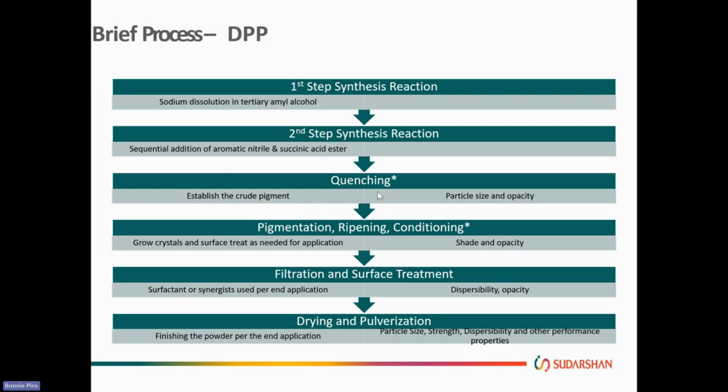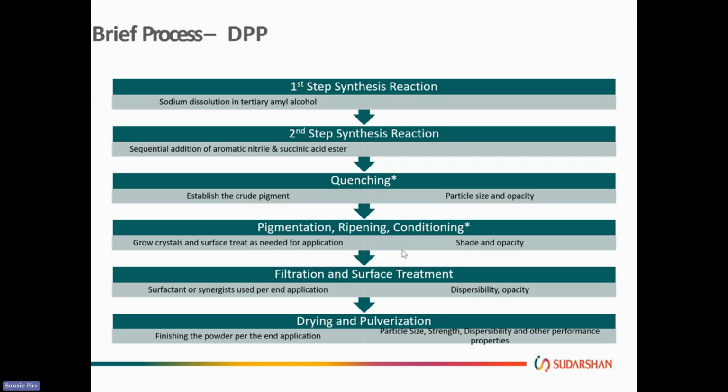This sets up the product itself for the particle size and the opacity that you're looking for in this particular step. And then once that's created, the crystals are then grown and other surface treatments are used as needed for that particular product and grade.